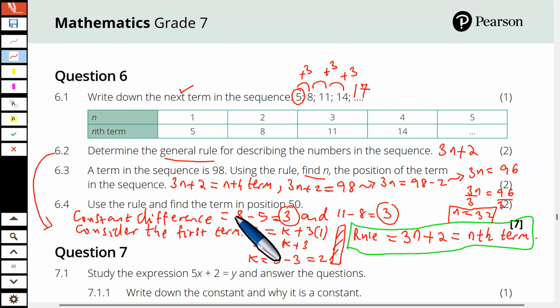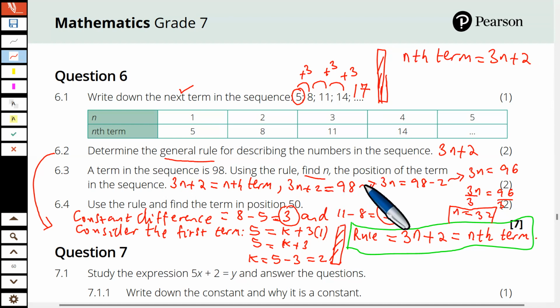There are a couple of things I want us to note as we speak about the rules here. Here we are speaking of the concept of the nth term. The nth term in this question is 3n plus 2. Another question is going to have its own nth term because each question has its own equation, its own numbers. Now I want us to think of these together. What is this here? The nth term is everything. What is this one?